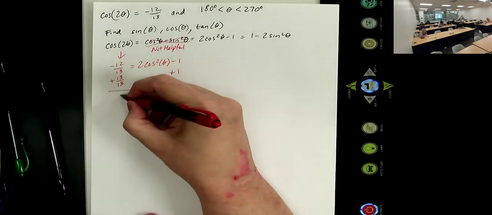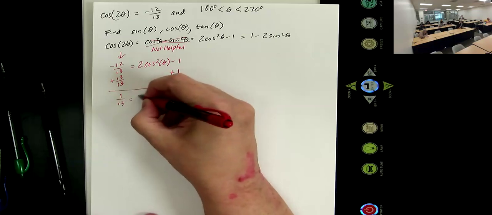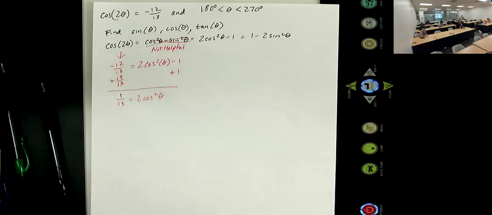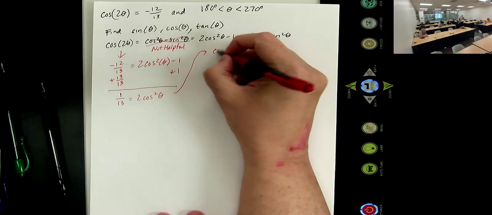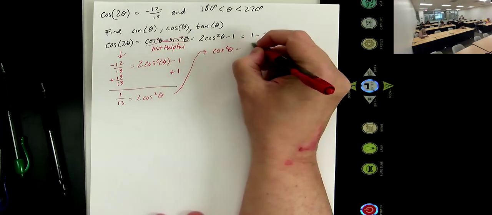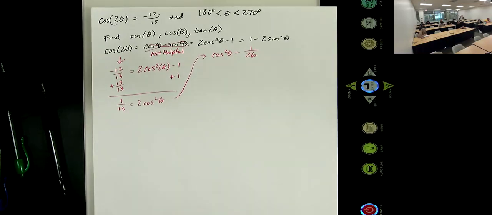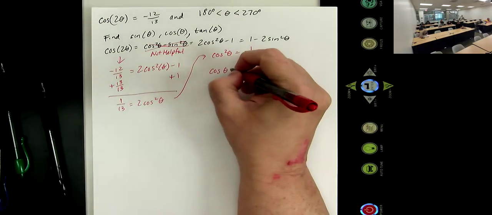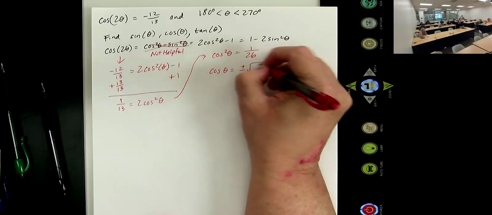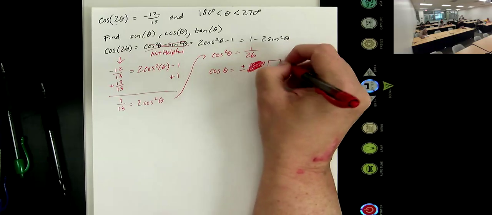I can get 1/13 equals two cosine squared theta. Divide by two and I get cosine squared theta equals 1/26. Which means cosine theta has to equal plus or minus the square root of, oh, I jumped ahead, square root of 1/26.